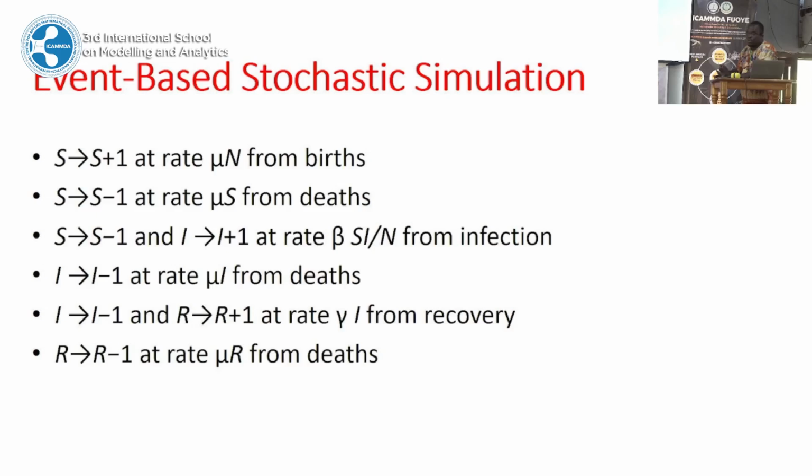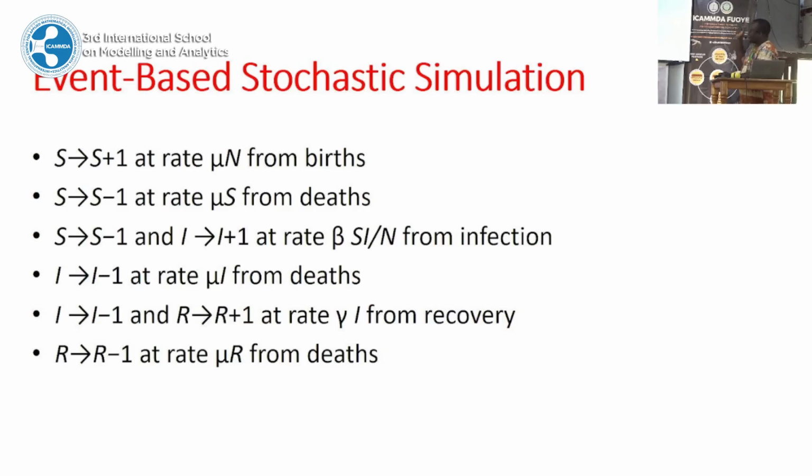From the model, the first one: mu S. People are dying, so they are moving out. That means S goes to S minus 1, as people die, while as people are being born, S goes to S plus 1.